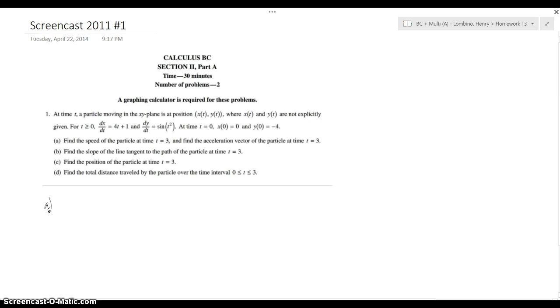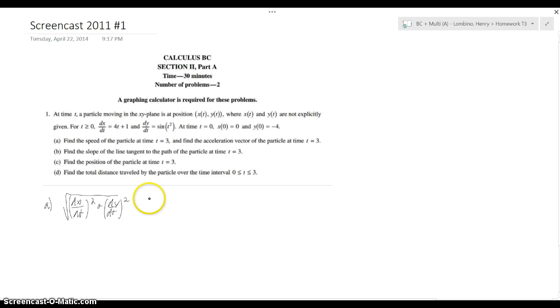To find the speed, we have to use this equation, which is the square root of dx/dt squared plus dy/dt squared, which is essentially using the Pythagorean theorem.